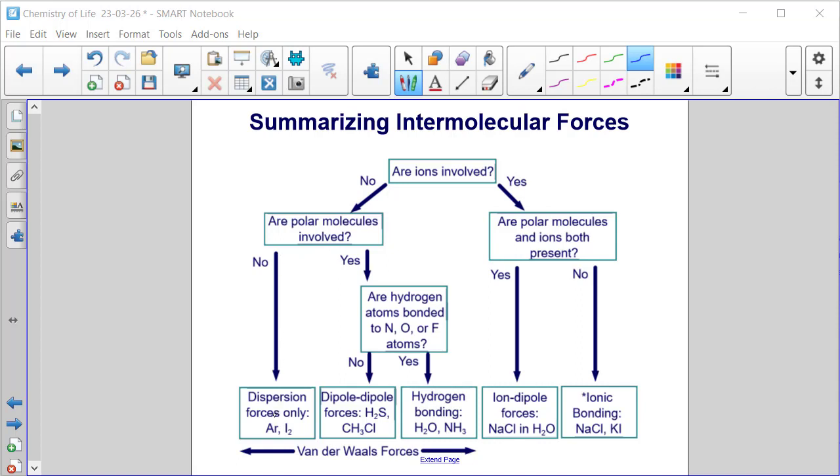If no, then we're only discussing London dispersion forces. If yes, ask, are there hydrogen atoms bonded to nitrogen, oxygen, or fluorine? If no, we just have dipole-dipole forces. If yes, we have hydrogen bonding. In all cases, all covalent compounds, whether polar or nonpolar, exhibit van der Waals forces.